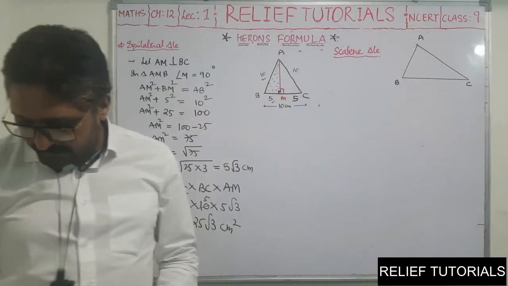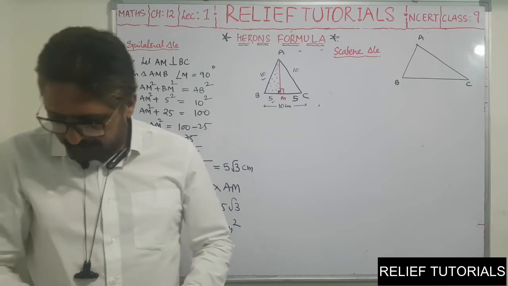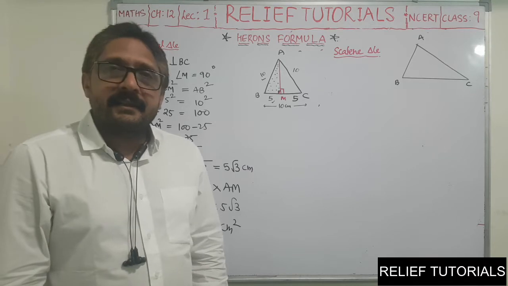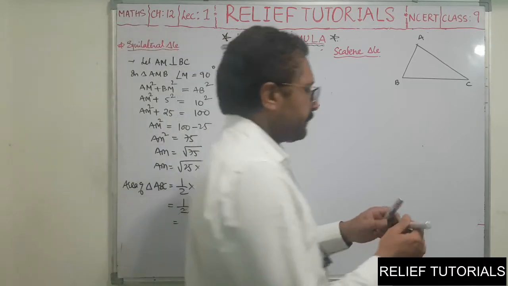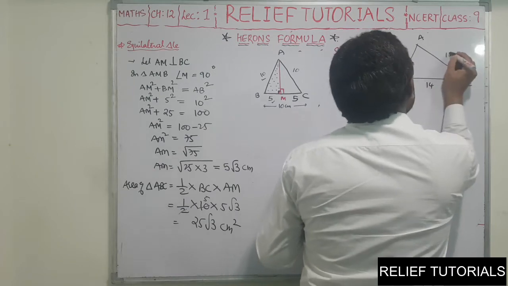No two sides are equal. This is a scalene triangle. You take measures 13, 14, 15, whatever. 13 centimeter, 14 centimeter, 15 centimeter.